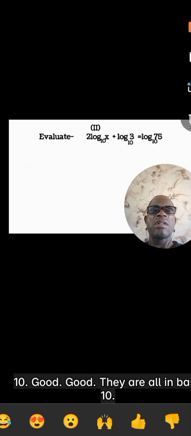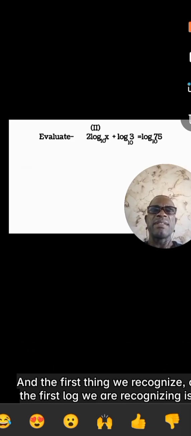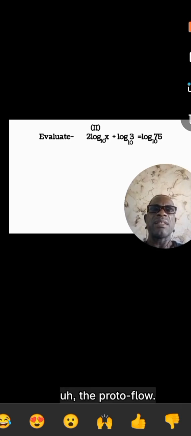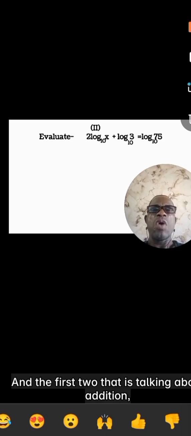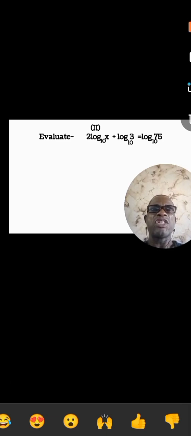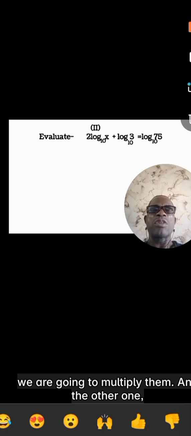Log 75 base 10. They are all in base 10. The first law we recognize is the product law. The first two are talking about addition, so we are going to multiply there, and the other one we are going to simplify.